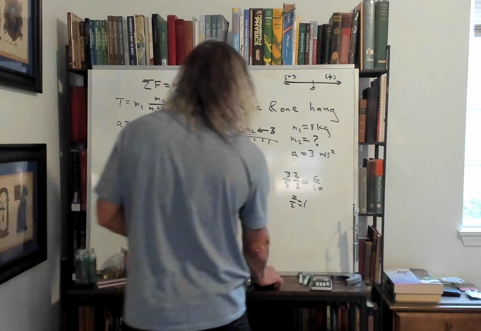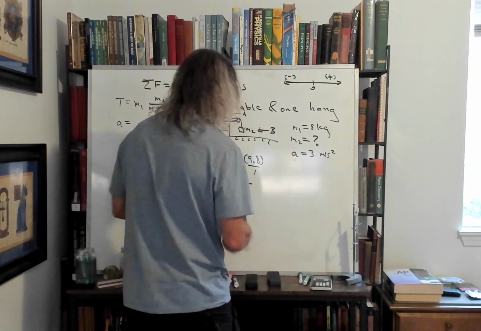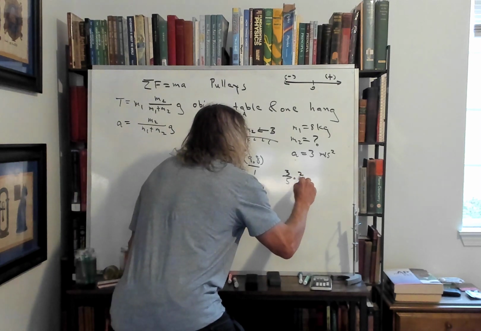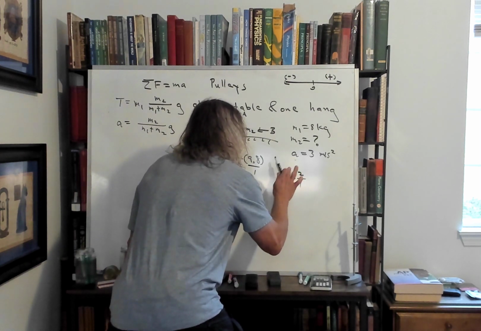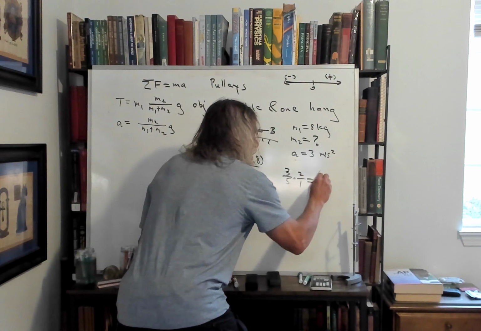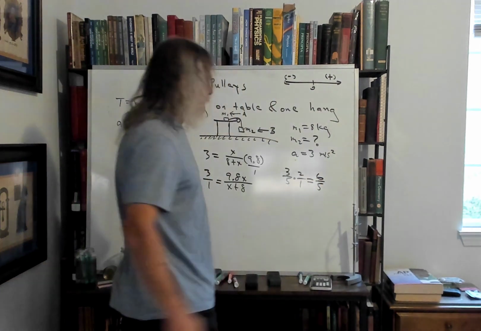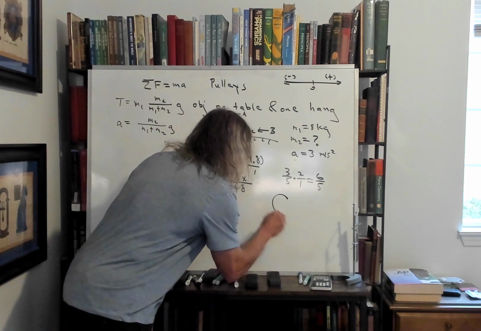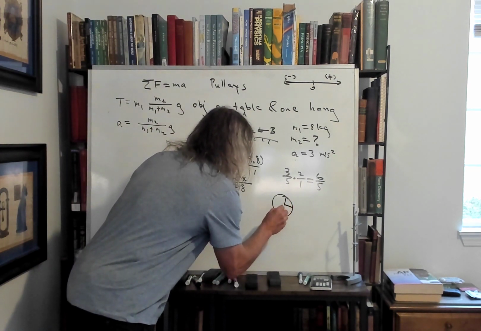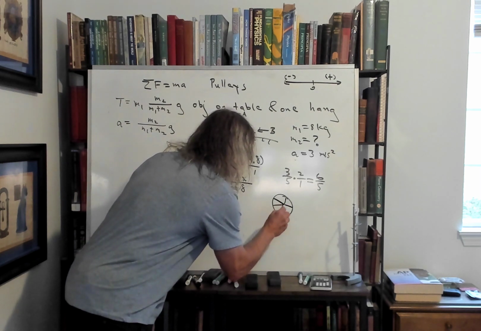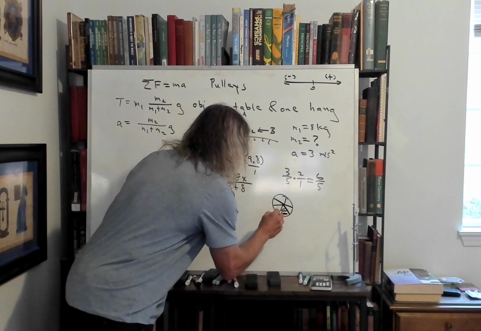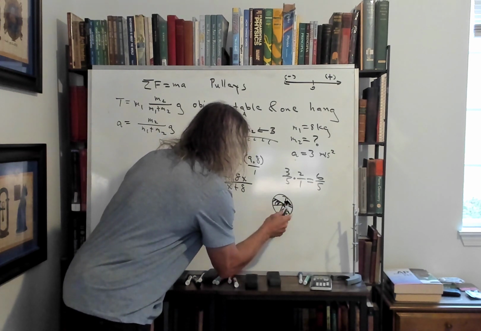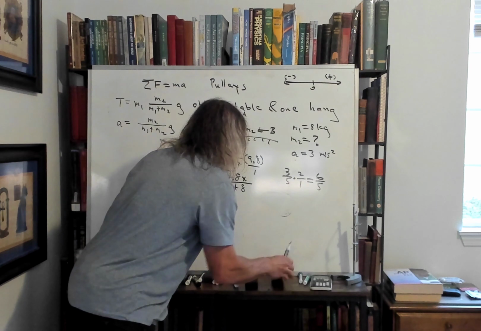Okay. 3 over 5 times 2 is like 2 over 1. And that's 6 fifths. If we double 3 fifths, 3 fifths is 3 of 5 equal parts.